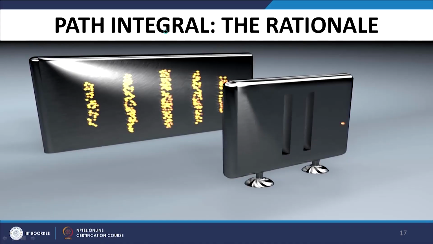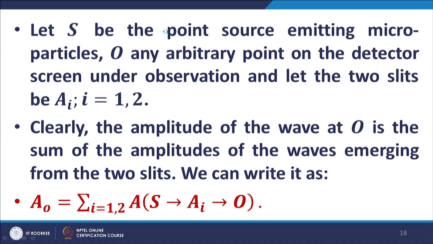So the amplitude at an arbitrary point on the screen O would be given by the sum of the amplitude of the matter wave that moves through A1 and the amplitude of the matter wave that moves through A2. The sum of these two amplitudes will give you the amplitude at that particular point under investigation on the screen O. That is the standard formalism that we have in wave mechanics.